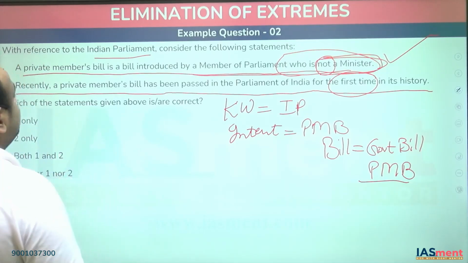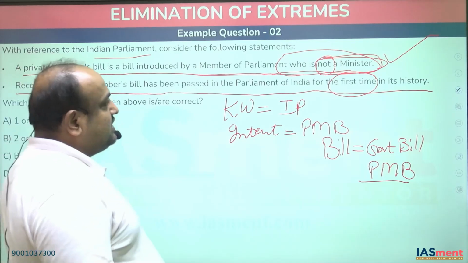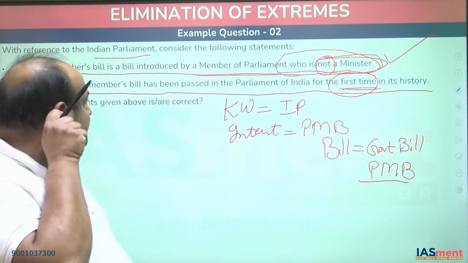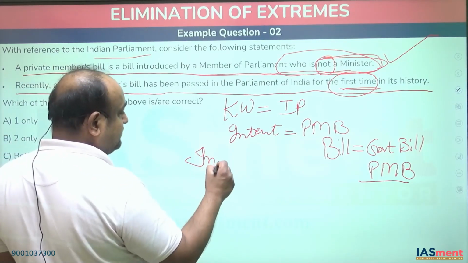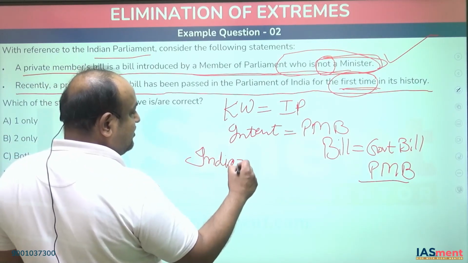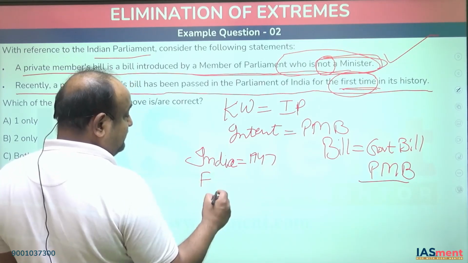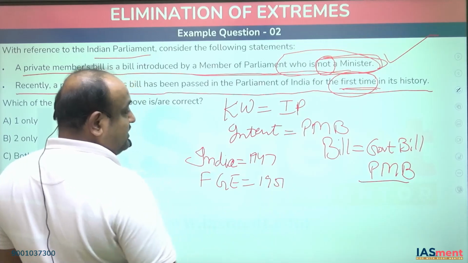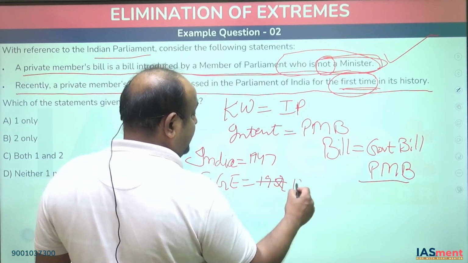Now, second thing, recently a private member bill has been passed in the Parliament of India for the first time. India got independence in 1947, and the first general election took place in 1952.